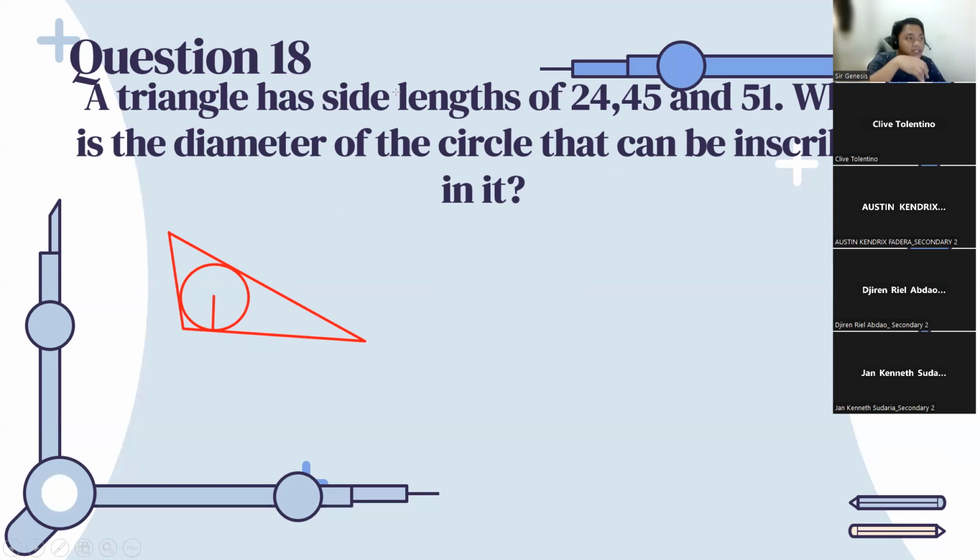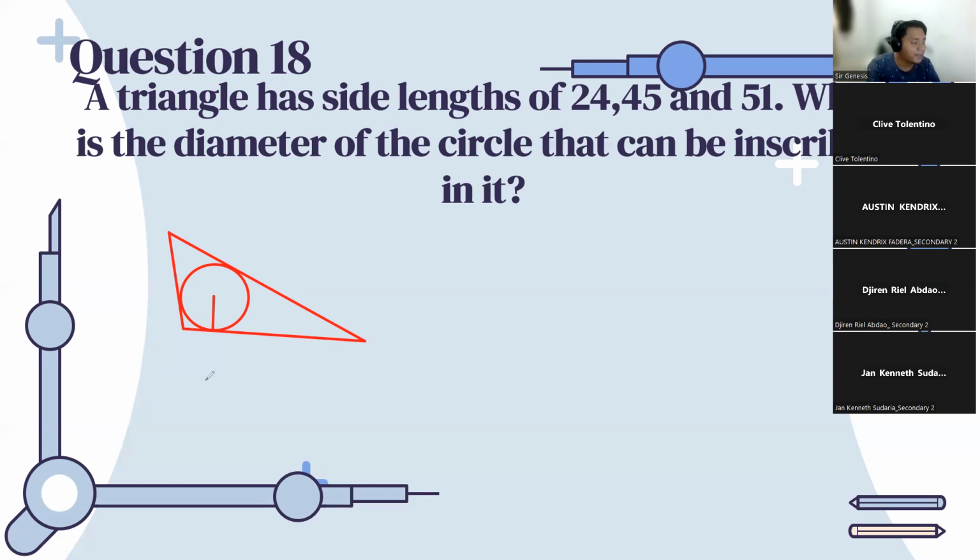There are 2 ways in which we can get the inradius, because there are actually 2 cases. If the given is a right triangle, then we can just use the formula.